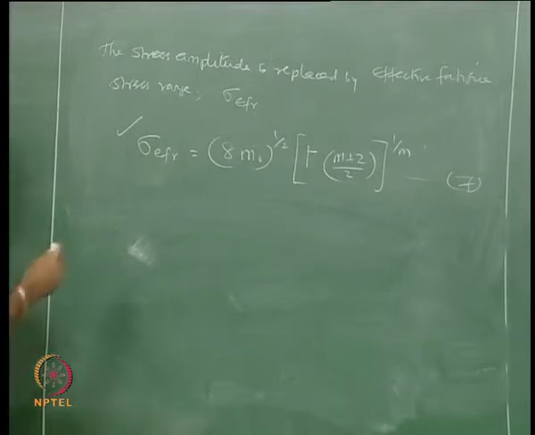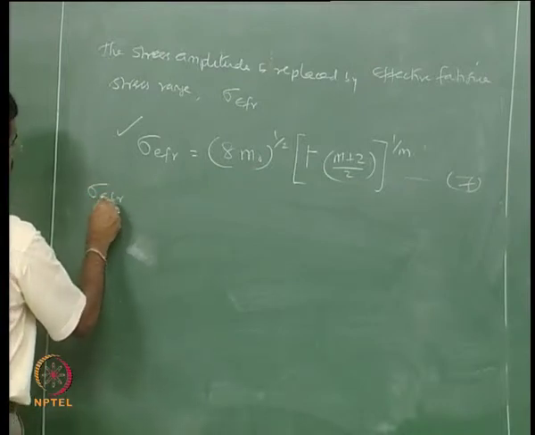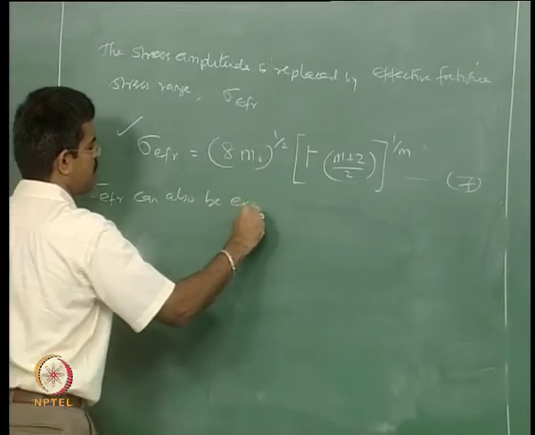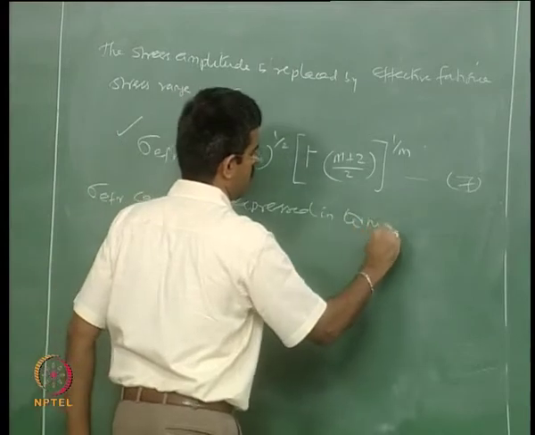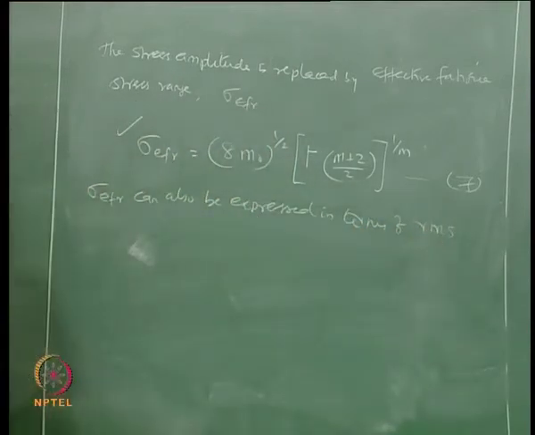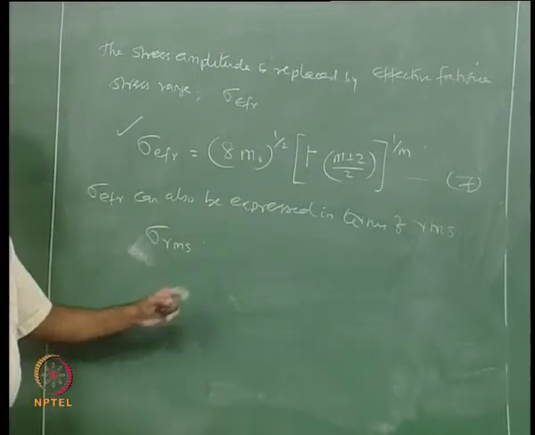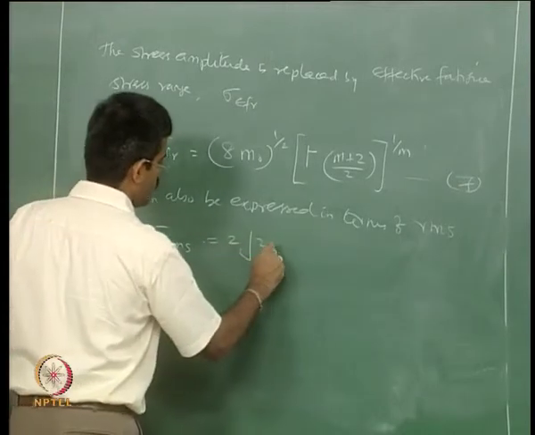You can also rewrite this effective fatigue stress range, it can also be expressed in terms of RMS values. So, sigma RMS, that is the root mean square of the stress range, is given by 2 root of 2 m0.